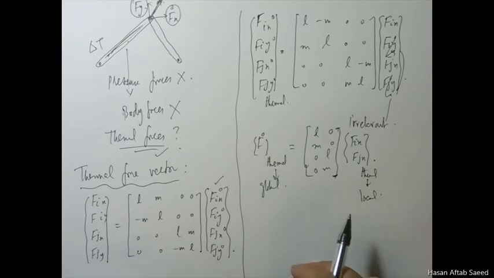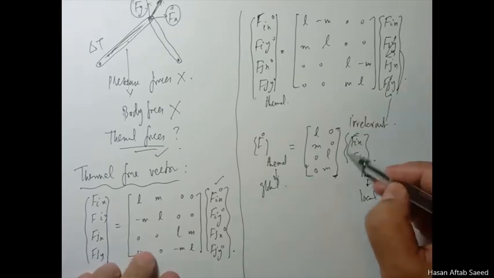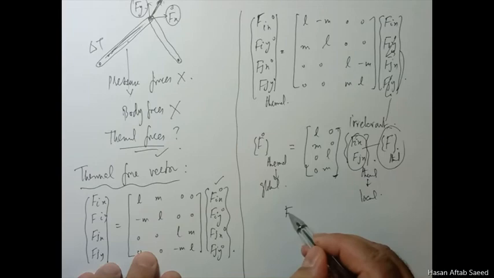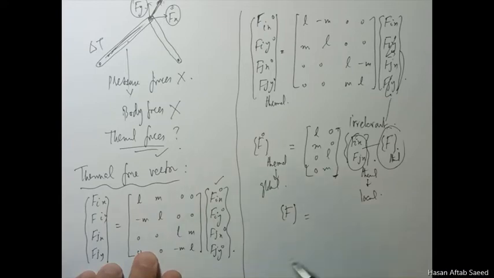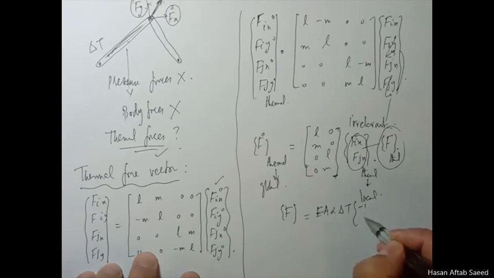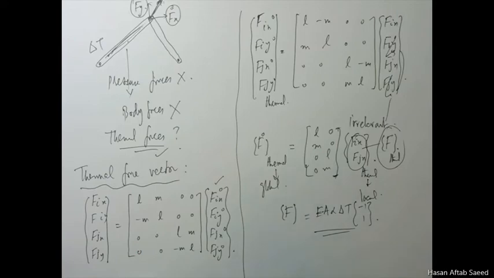Now what do we know about the thermal force vector in the local coordinate system? That's very simple: EA alpha delta T times minus 1, 1. You should recall from your 1D analysis, this is what it was. So we know this value.